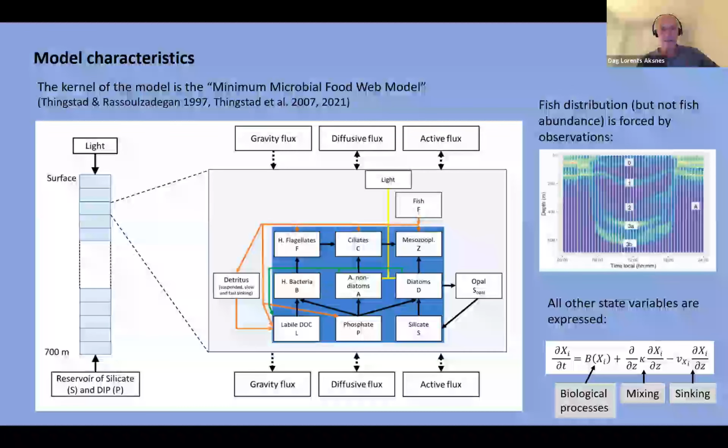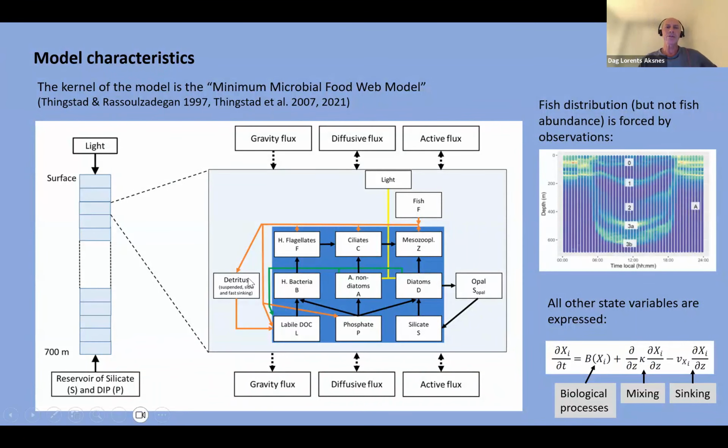In the present study, we have put this time resolved model into a water column, representing here the Red Sea, from the surface to 700 meters. And then we have attached fishes eating on the mesozooplankton.